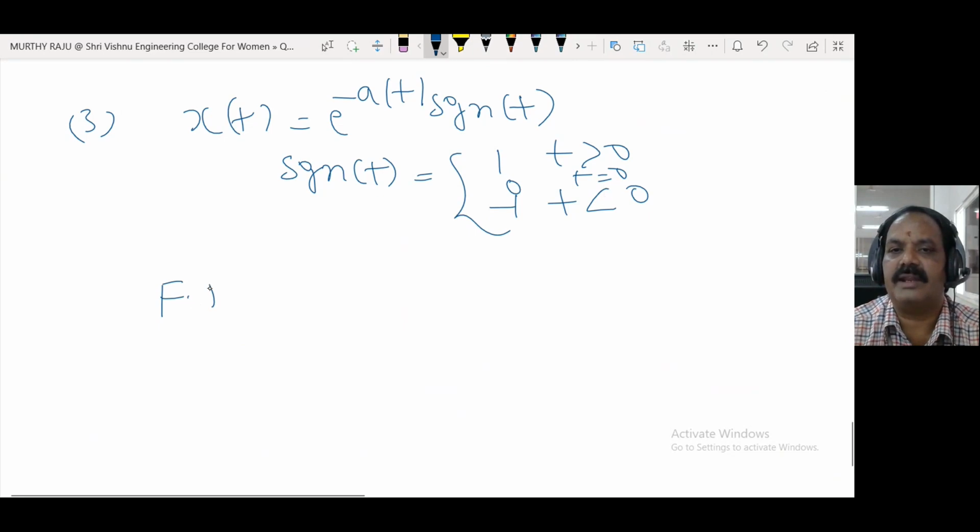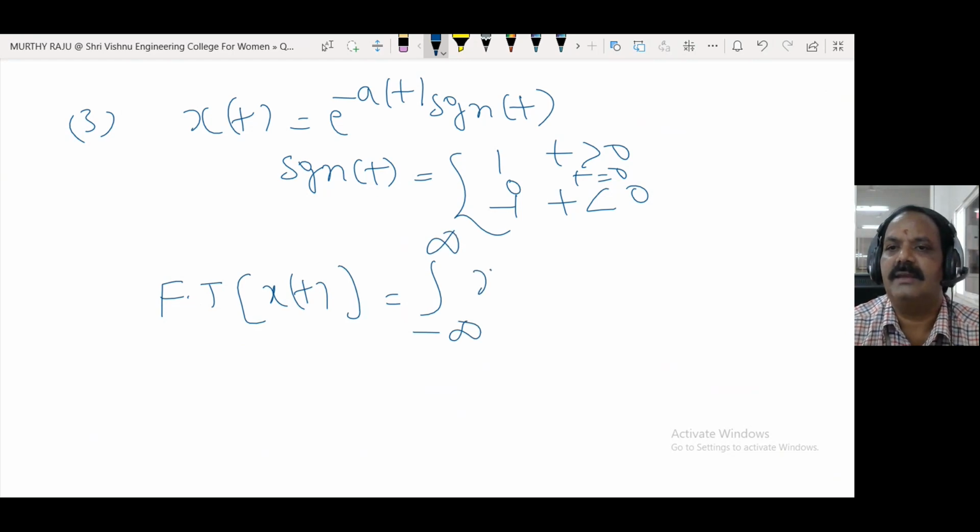Find out the Fourier transform of x of t, which is the integral from minus infinity to plus infinity of x of t e power minus j omega t dt.